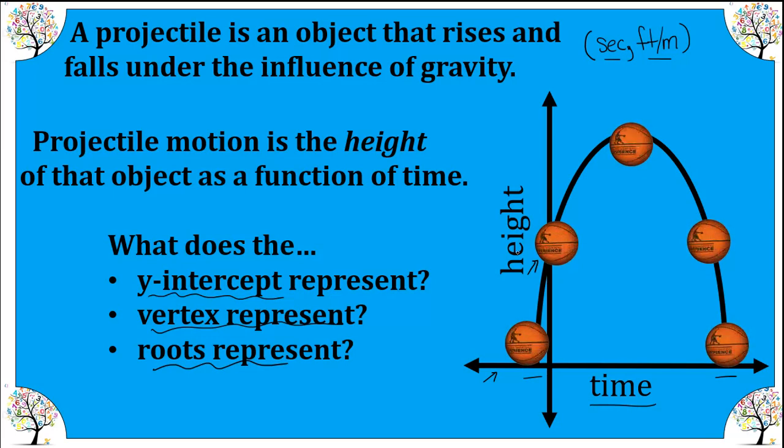And we can see that in many cases, we will have the height twice, as the object is going up and then as it comes down. So just keep in mind when we're answering these questions of our real-life situations that our input is time and our output is height.